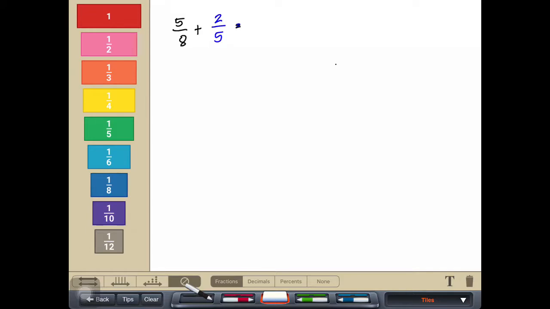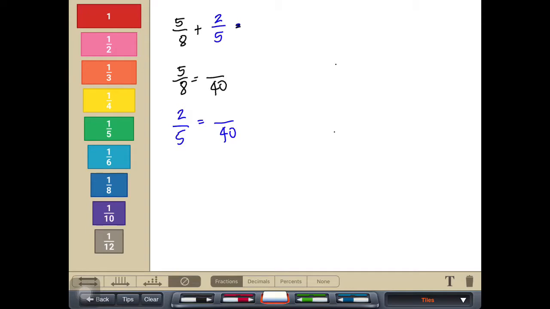If you already know your multiplication table, then you can just go ahead and skip count by 8 and then skip count by 5 and find a common multiple. So the common multiple of 8 and 5 is 40. So I can change 5/8 into 40ths as well as 2/5 into 40ths.